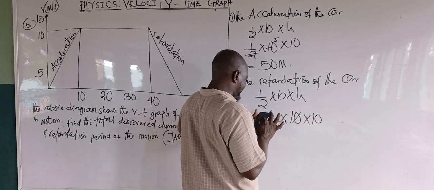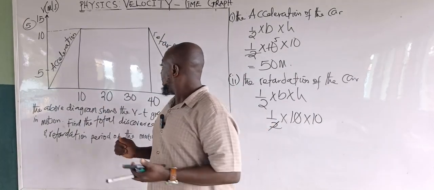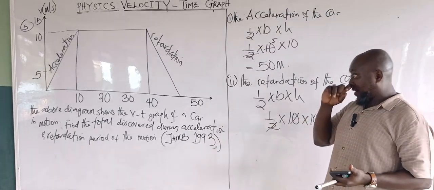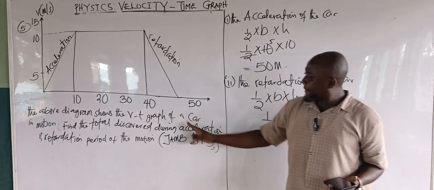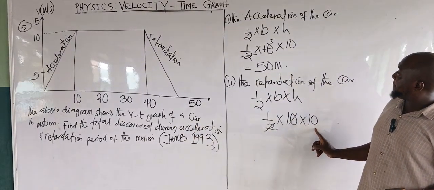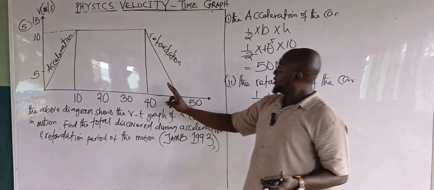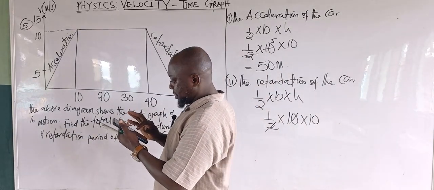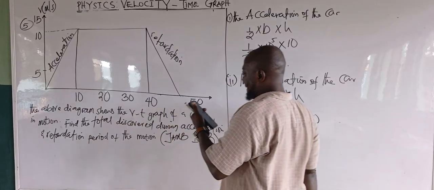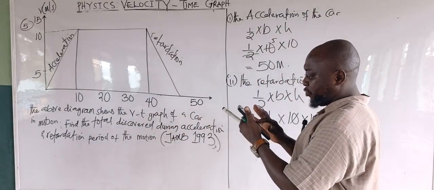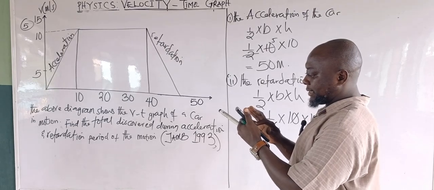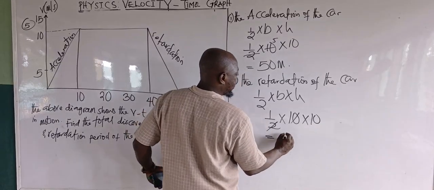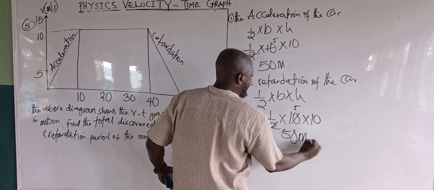So the total retardation of the vehicle from here is given as this value. That's 50 minus this, that will give us 10. So from here, this point will give us 50 as well, 50 meters. So that's what I'm having.